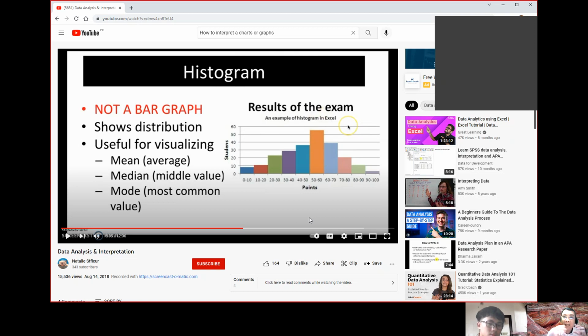Okay, so in using a histogram, not all graphs or charts can be used for that particular purpose because there would be other purposes for that. So, what do you think would be the best?